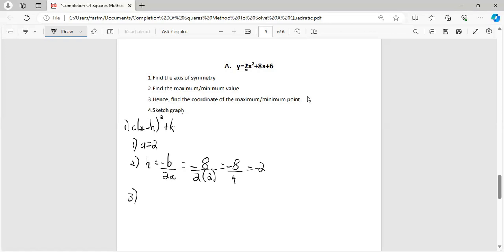Yeah? The third thing, you need to get k. I like to use the f. k is equal to f of h. f of h basically means that the value you get for h, you're just substituting it back into the equation, and you'll get what k is. Yeah? So if I do it here, y would just equal 2, plugging in x as minus 2. So wherever I see my x, I put in minus 2.